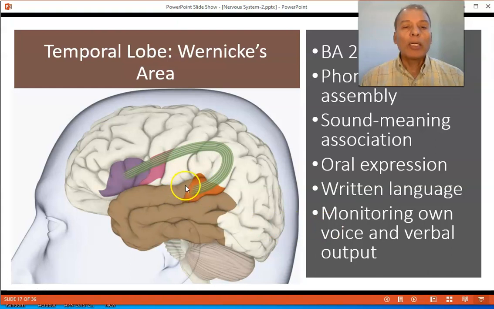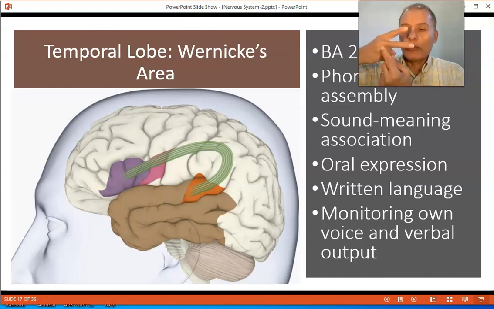Again, keep in mind, know the location, be able to identify it on a picture. Know that the major pathway that connects Wernicke's area with Broca's area is called the arcuate fasciculus. Arcuate fasciculus. And that fasciculus is a two-way street. Wernicke's area sends information to Broca's.